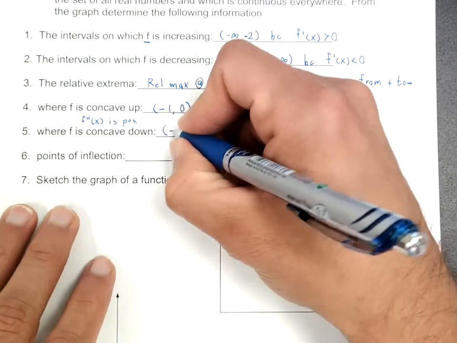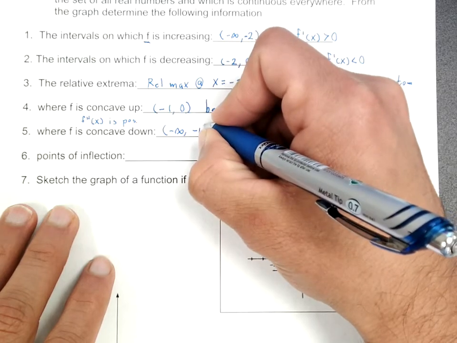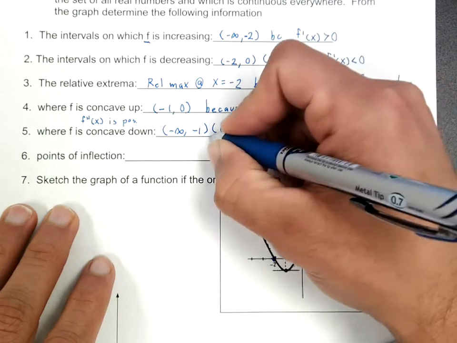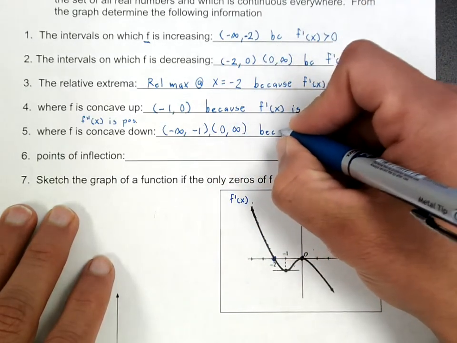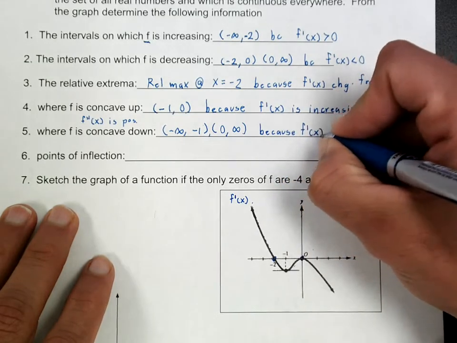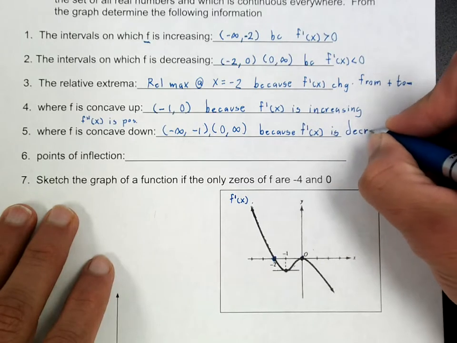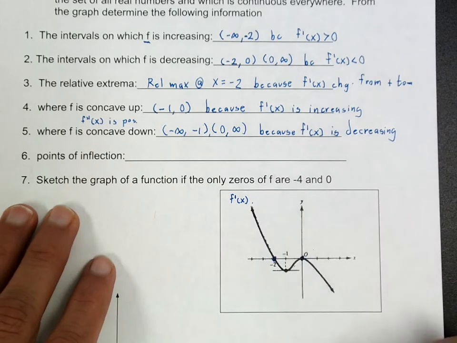All right, so again, between negative infinity and negative 1, and 0 and positive infinity. Okay, and this is because the derivative is decreasing, and if the derivative is decreasing, that means that its second derivative would be negative. All right, so that's that for that.